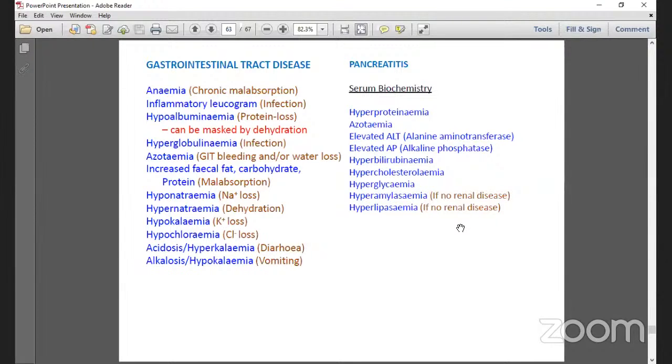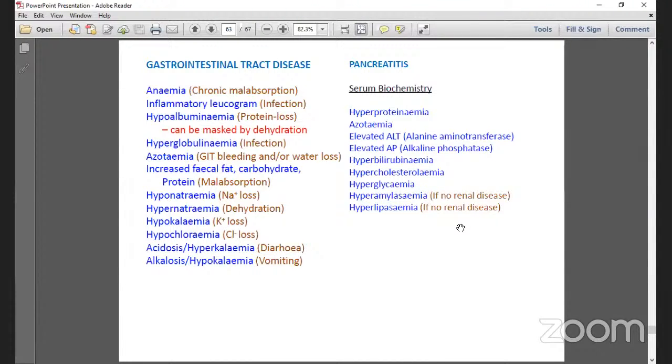It is also related to hyponatremia, sodium loss, in case of dehydration, hyperkalemia in case of dehydration, hypokalemia associated with diarrhea, hypochloremia associated with diarrhea, and in case of diarrhea we might also see acidosis, whereas for an animal having vomiting, there will be alkalosis and hypokalemia.